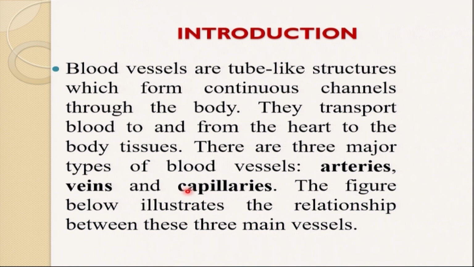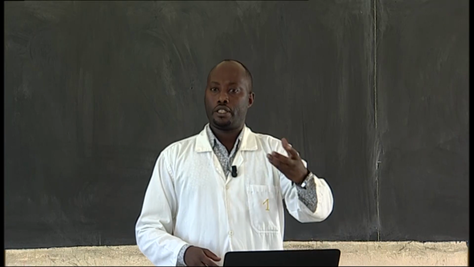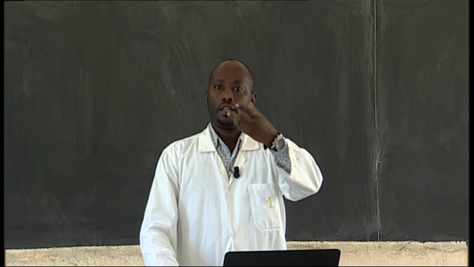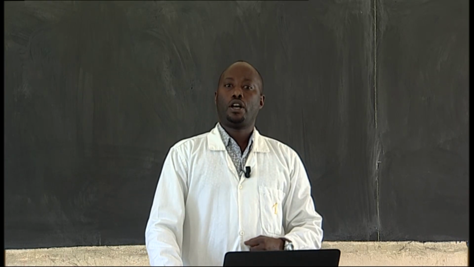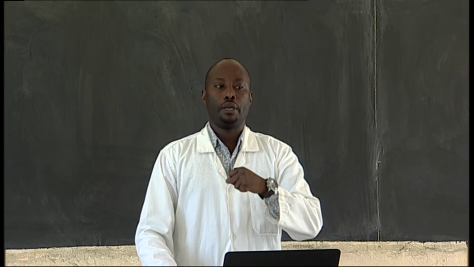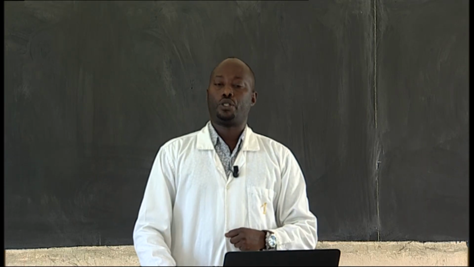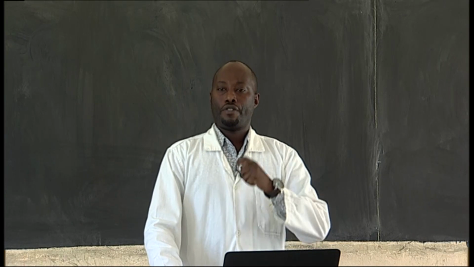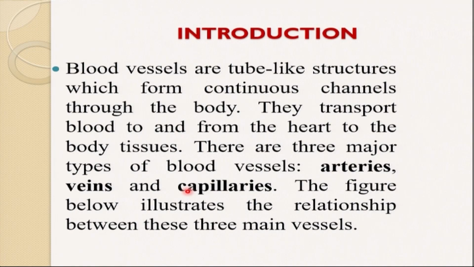So if I mention that they transport blood to and from the heart to the body tissues, to the body cells, it is because the body cells need oxygen and nutrients if they are to carry out their functions efficiently. So there are three major types of blood vessels, as I mentioned earlier: arteries, veins, and capillaries.